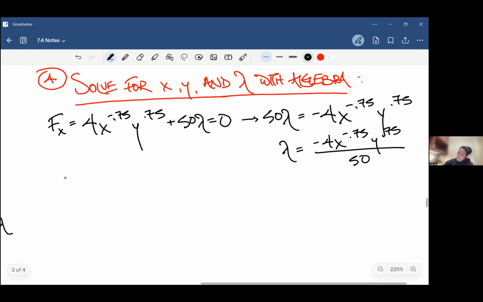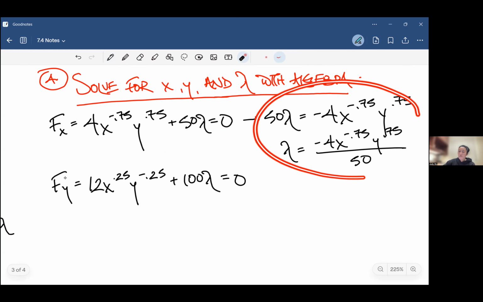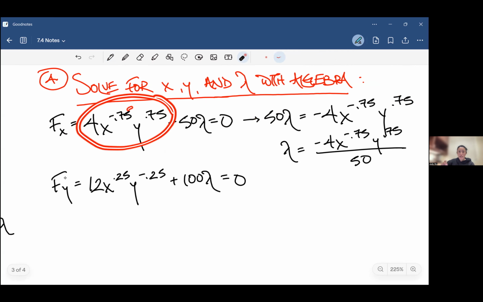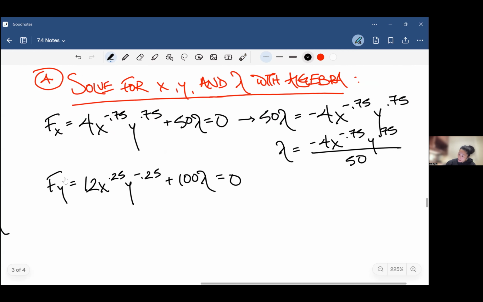And I'm going to do the same thing for my Fy. So when I multiply out all the things I need, I get 12x to the 0.25, y to the negative 0.25 plus 100 lambda equals 0. And just like I solved for the lambda up here by subtracting this term to the right-hand side, I'm going to do something similar where I take this term and subtract it to the other side.